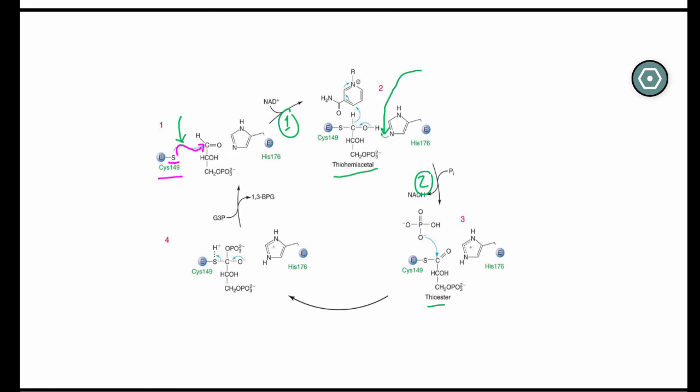That's exactly what happens here, and the result is a covalent bond between the sulfur and the carbon, which means that this is what we would call covalent catalysis: a nucleophilic attack of the substrate, the enzyme being the nucleophile.